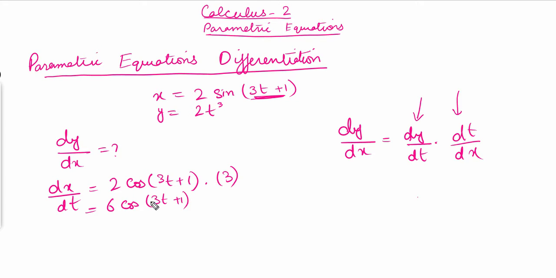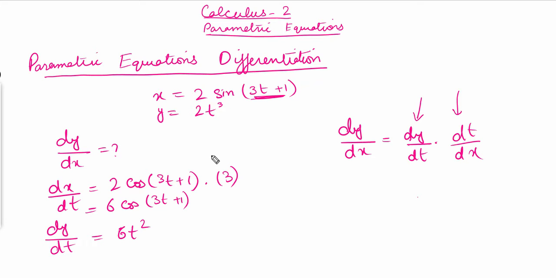Now we have to work out the derivative of y with respect to t. So dy by dt will be 3 times 2, which becomes 6t square.